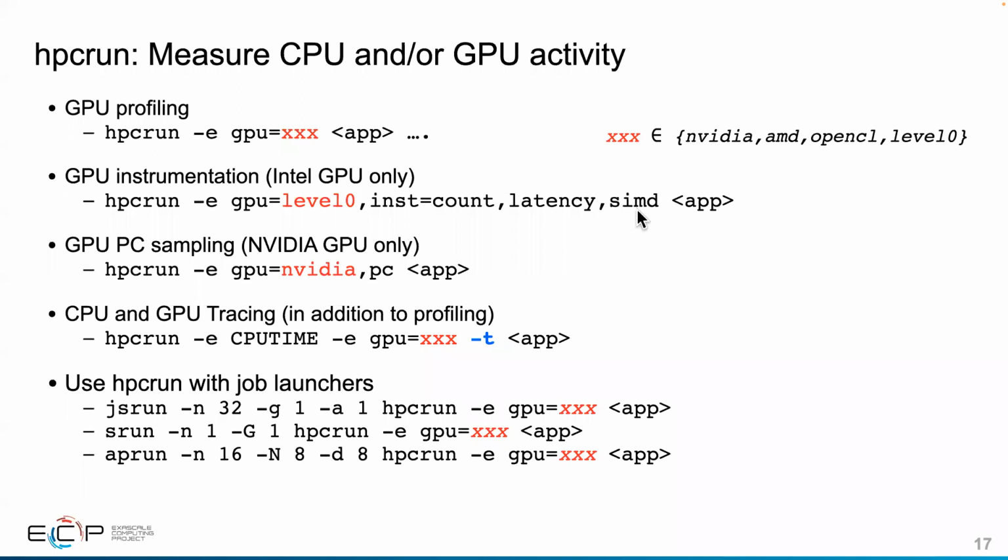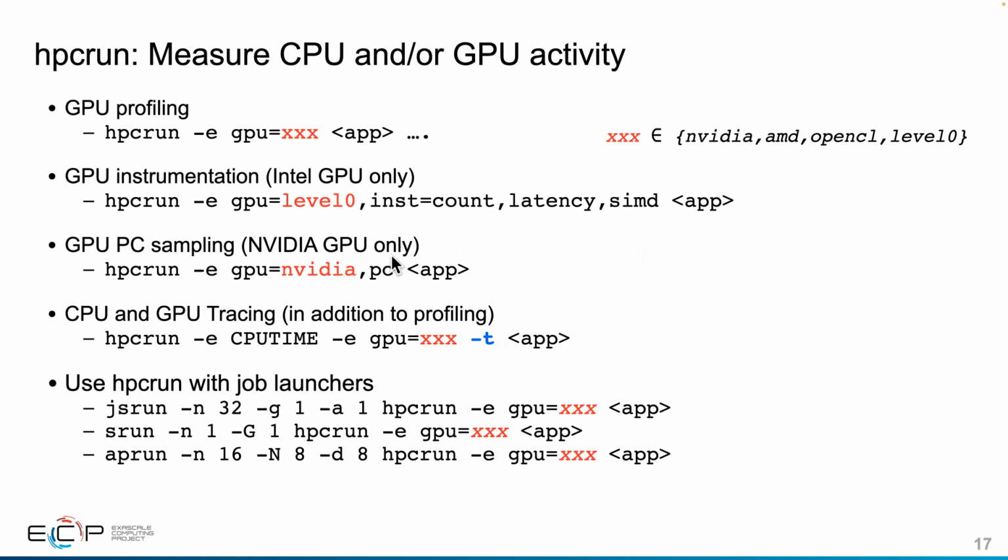And also we can measure SIMD instructions. And so this is to characterize your use of the SIMD units, which are a big part of AMD and Intel's GPUs. So you can use instrumentation to measure one or all of these things at the same time. And so you just specify a comma-separated list of the instrumentation knobs that you want to use.